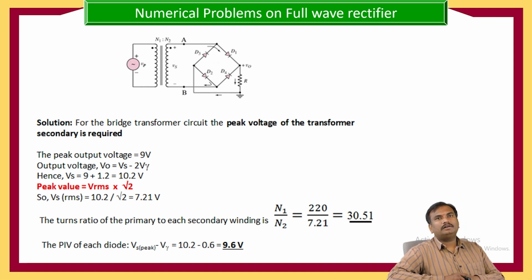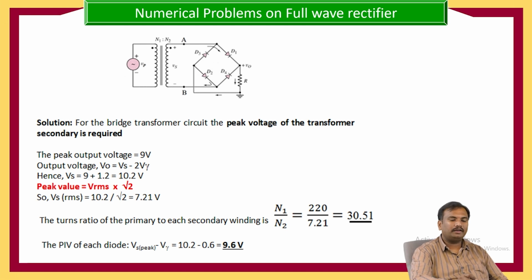When we go with the same problem with the bridge rectifier, here we are going to take the Vs value as V0 is equal to Vs minus 2V gamma. Here Vs is equal to 9 plus 2 into 0.6, which is equal to 10.2 volts.